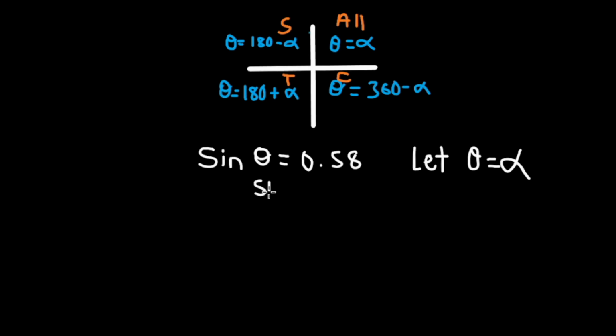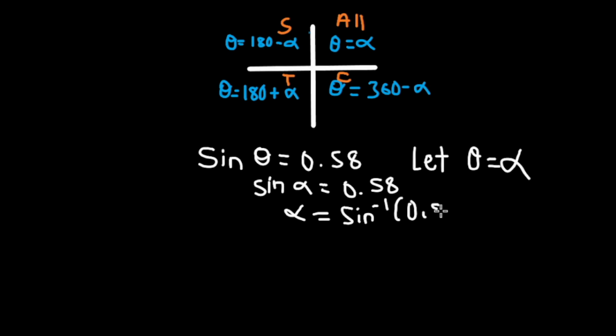So we're going to have sine alpha equals 0.58. Now we're simply going to solve for alpha by saying alpha will be equal to sine inverse of whatever we have in our brackets, 0.58.